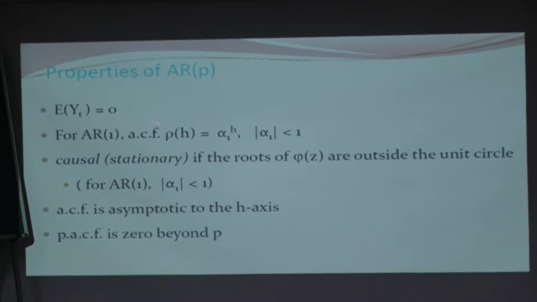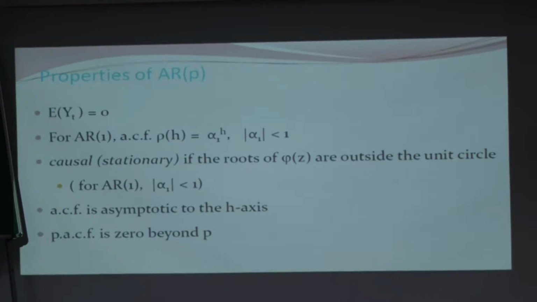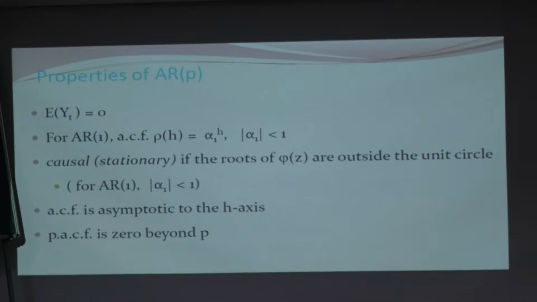If you have a first order autoregressive process, this is not a stationary process for all alpha 1. Is that clear? It is only a stationary process if absolutely alpha 1 is less than 1, otherwise the variance would be depending on t. So that's one thing we say.